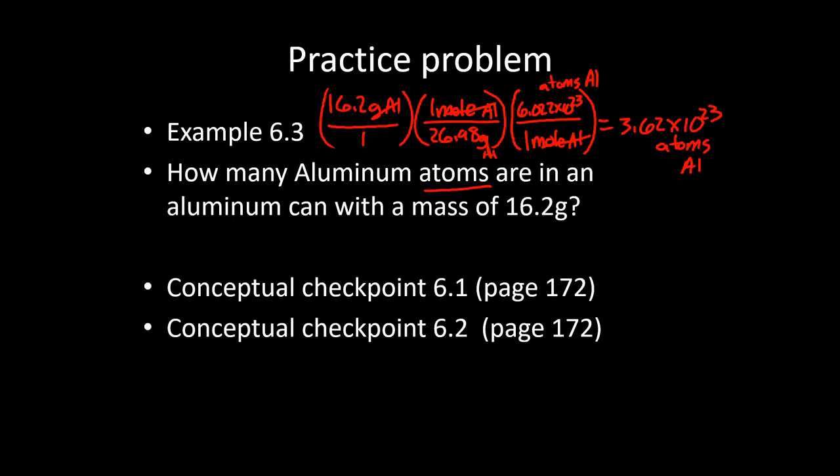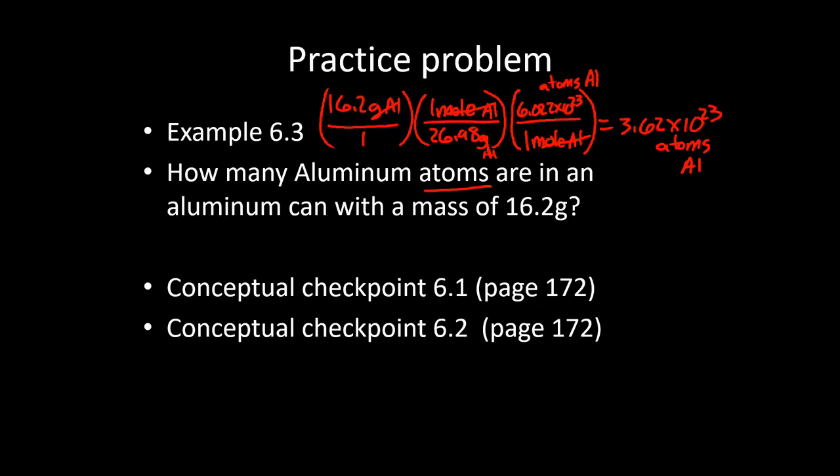Let's look at a couple of conceptual checkpoints here. The page number, I'm not 100% sure is correct in the newest version of the book. That might be from an older version, but hopefully the question itself has not changed. The conceptual checkpoint has not changed. Let me see if I can find that here.